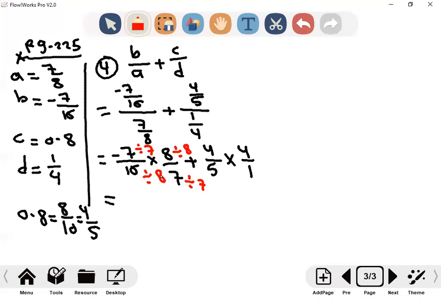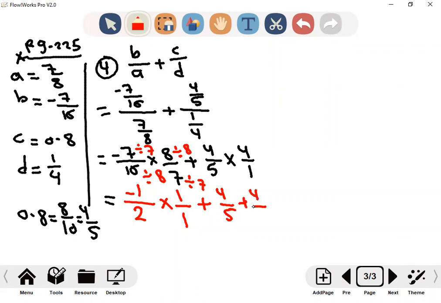Negative 7 divided by 7 is negative 1. 16 divided by 8 is 2. The multiply comes down. I'm just simplifying. 8 divided by 8 is 1, and here 1. Right? And this comes down, 4/5.